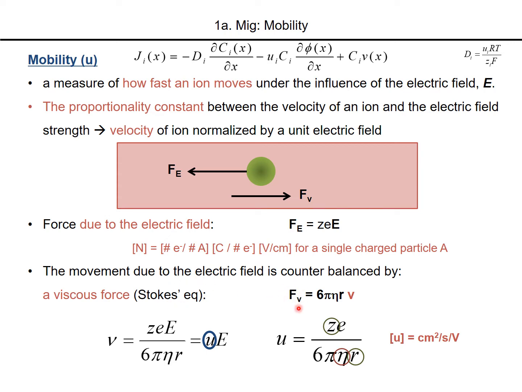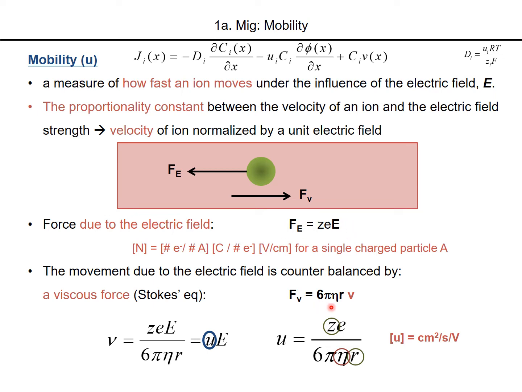F_V, the viscous force, is equal to 6 pi eta r v. Eta is the viscosity of the media, r is the size or radius of this green sphere, and v is the velocity. So F_E should be equal to F_V to drive this charged particle at constant velocity.